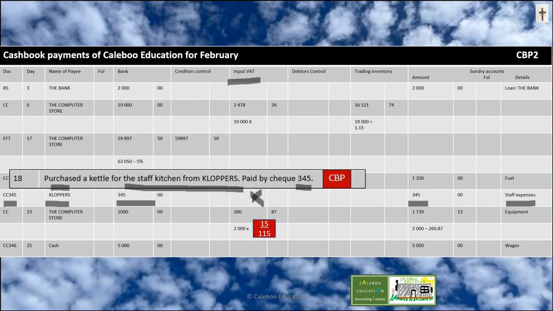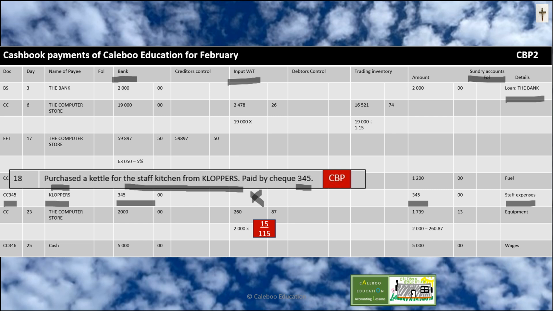So there we go. Let me just say this while I'm thinking about it. In the details column for sundry, you write the name of the contra account to bank. Remember, we're in a cash book, so the one account will always be bank.